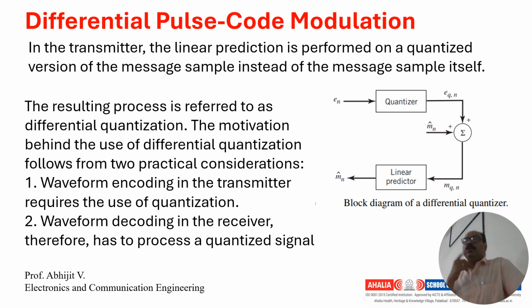This has appeared in your exam. This is an answer to a university question, so you may need to study that. That's the reason why it is explained here. We need to have two practical considerations. The first one is about the use of quantization, and the second one is that encoding and decoding both will have to process the quantized signals.